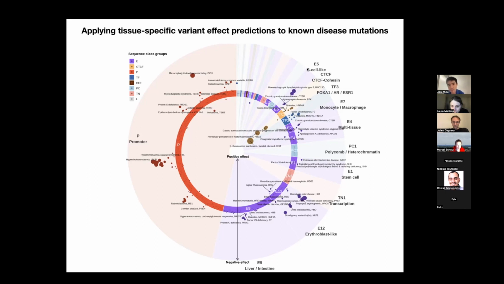So in almost all of those cases where the sequence mutations are predicted to have a strong effect on the sequence class, it is consistent with the tissue type that it's predicted to impact, right?